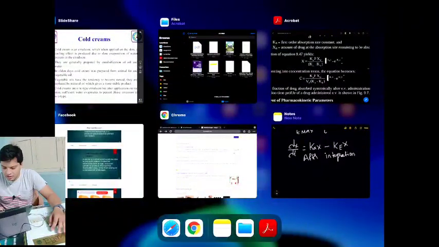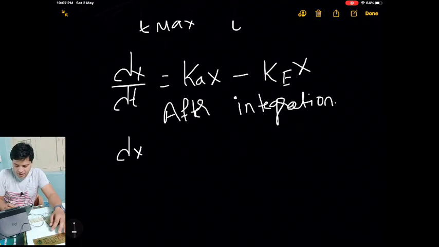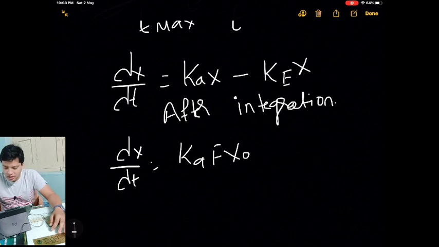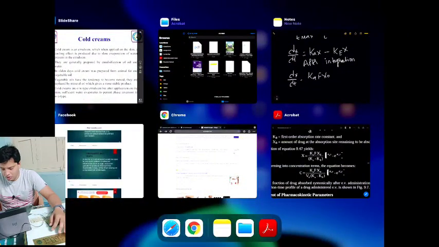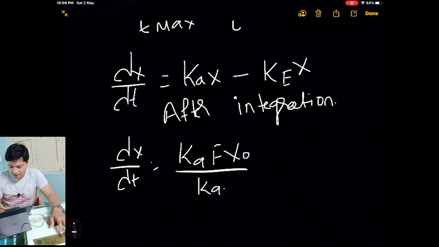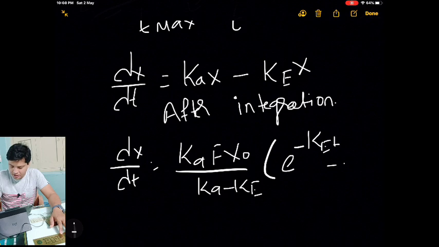I'll write it here. After integration, the above equation will change to: Ka, F is the fraction of drug absorbed, X naught is the initial amount or dose of the drug, divided by Ka minus Ke, times e to the power of minus Ket minus e to the power of minus Kat.